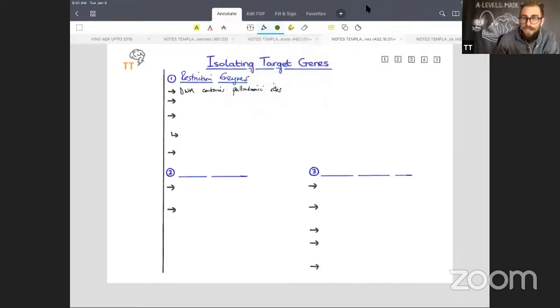Can anyone give me an example of a palindrome? What does a palindrome mean? Never odd or even, it should be. If we read it in this direction, it goes NEVER, ODD, OR, EVEN.